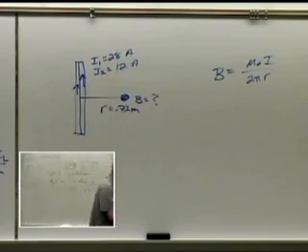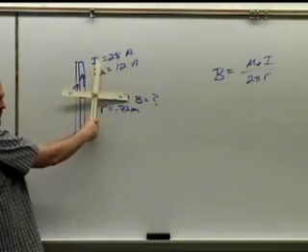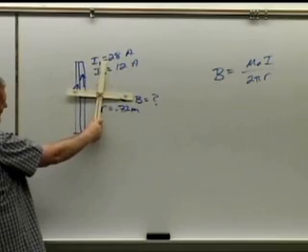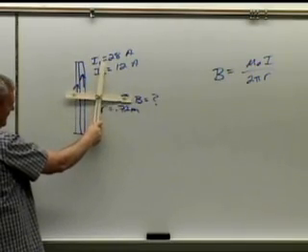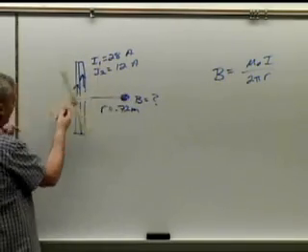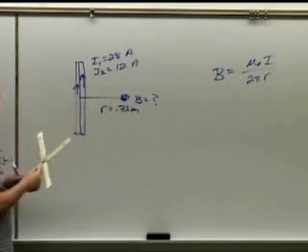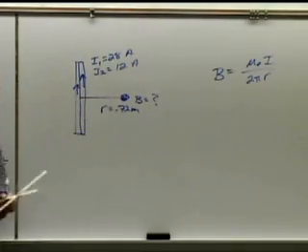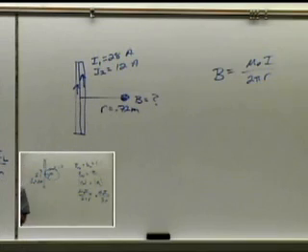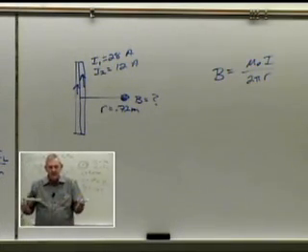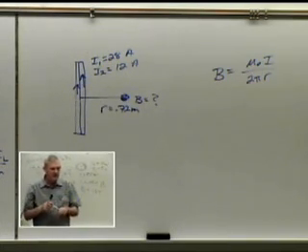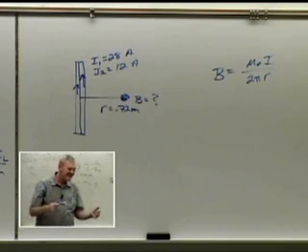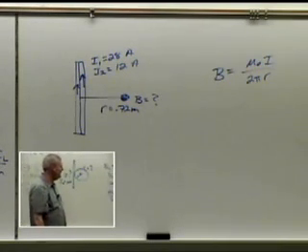Because if they're both going in the same direction, they're adding to it, going into the board. They're both adding to it. If one is going in and then the other one's coming out, then it will be subtracted. Because B fields are vectors, and so you can add them, especially if they're going in the same direction. Then they're real easy to add. Okay, so that's all that one is.